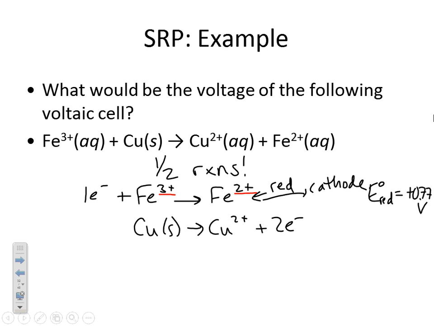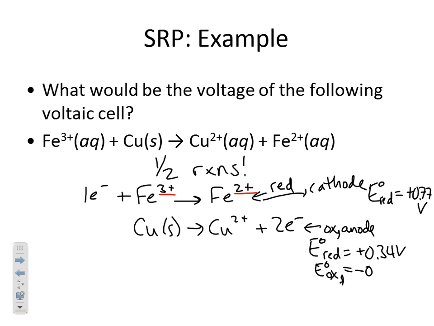And then looking up the copper, this is oxidation. So this is the anode. Now you're going to be finding the flip of this reaction because it's a list of standard reduction potentials. And when I find this reaction, the E-red value is positive 0.34 volts, but we don't want E-red, we want E-ox. So I'm going to flip it, and the E-ox value is therefore negative 0.34 volts. Again, E-cell is simply E-ox plus E-red.